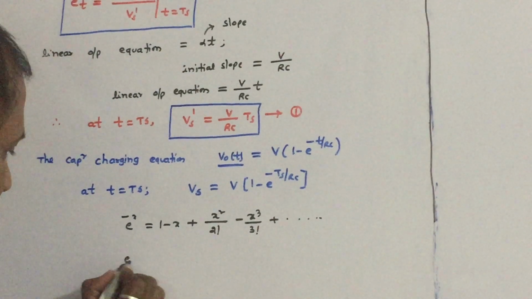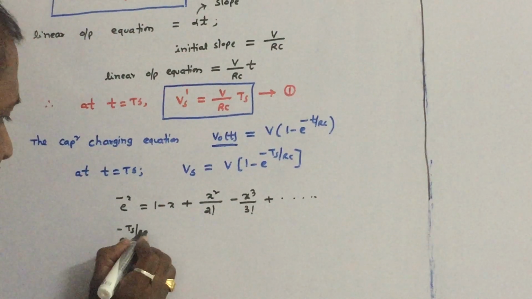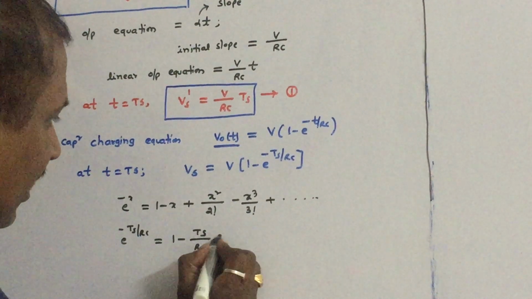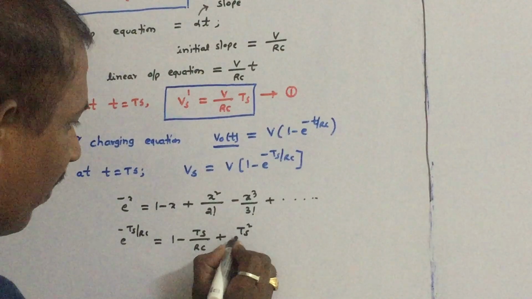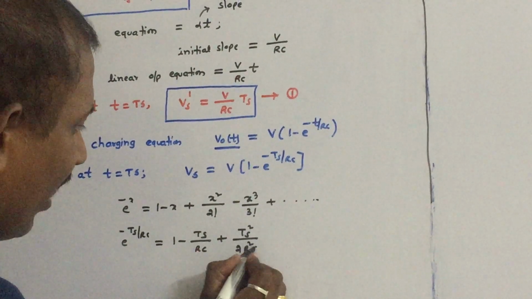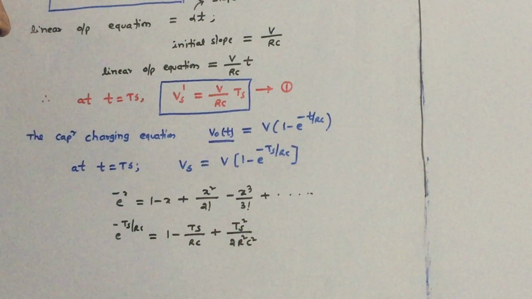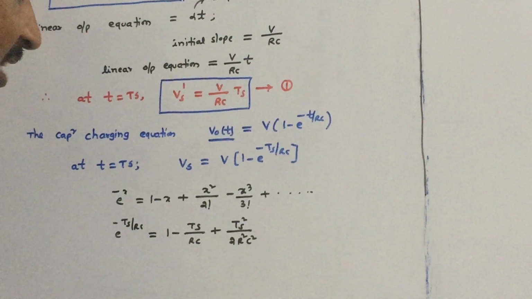So let us write the formula for e power minus Ts by RC. We can write it as 1 minus Ts by RC plus Ts square by 2 R square C square, and neglect higher order terms because we have taken Ts very small.